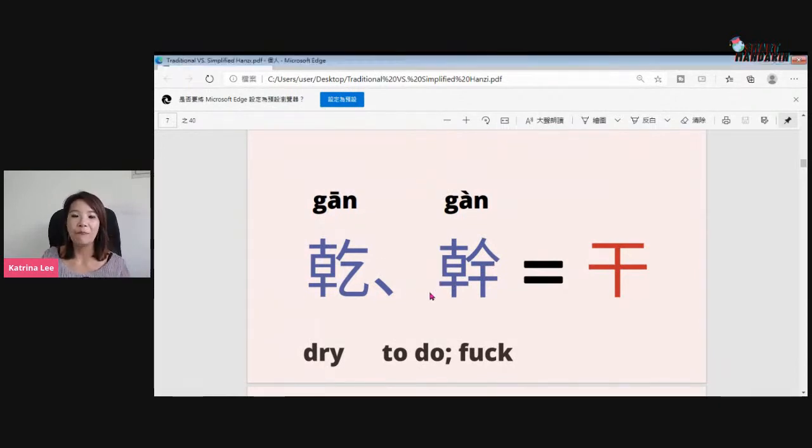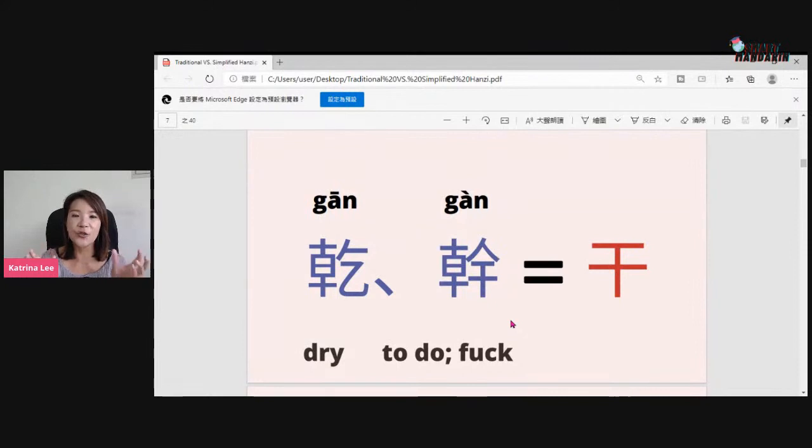As you can see, in traditional there are two characters on the left. The first character is gan, meaning dry. And the other character in traditional is gan, meaning to do, or F-U-C-K, the foul language.